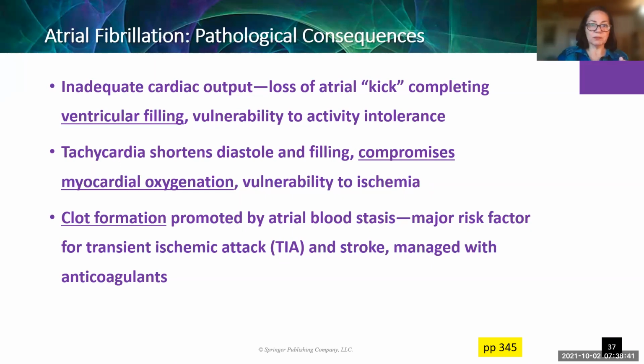And they can go up to the brain if they're coming out of the left side of the heart. So patients who suffer from atrial fibrillation are often managed by keeping them on anticoagulants. And again, the reason for the concern is that because of the atrial blood just kind of circling around in there, there's a higher risk of forming these clots.